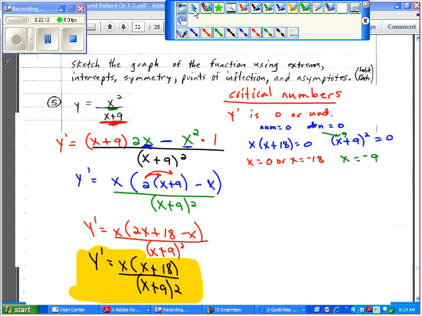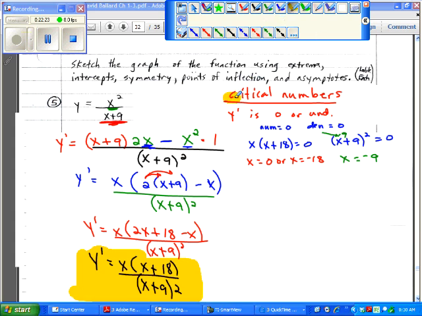Okay? So we're going to have critical numbers at x equals 0, x equals negative 18, x equals negative 9. We're going to highlight that. That's kind of important stuff. Now, these are possible whats?